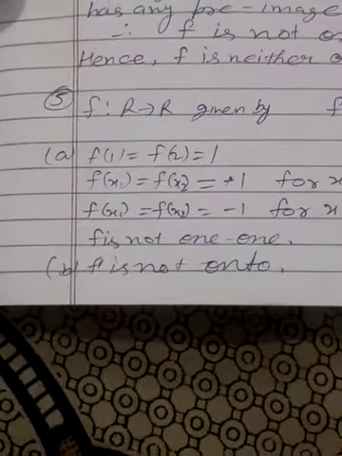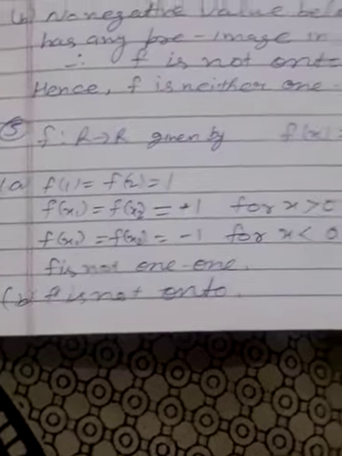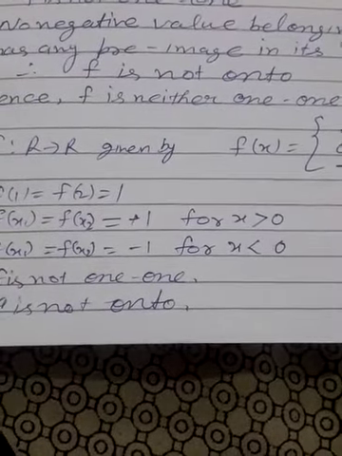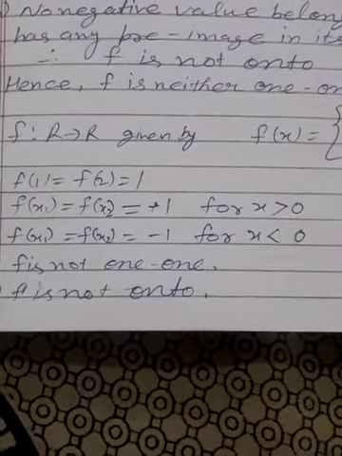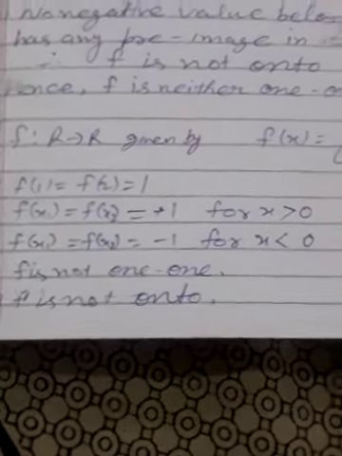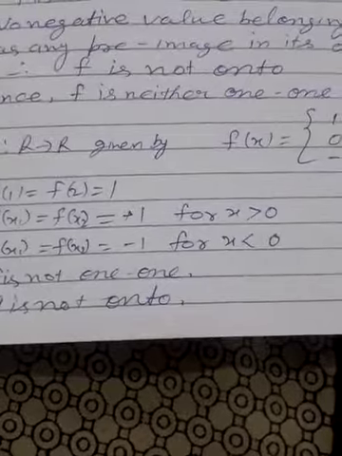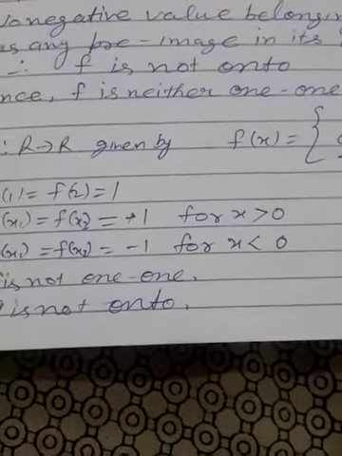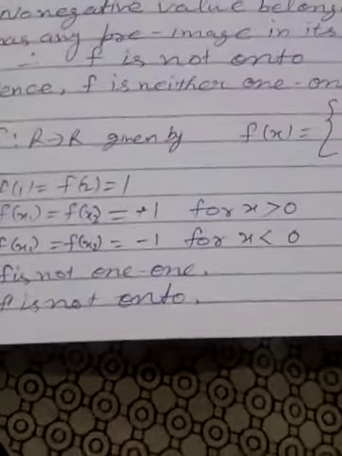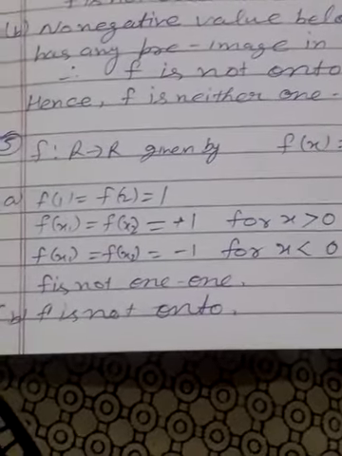Question number 5, when we put f of 1 equal to f of 2, that is equal to 1, f of x1, x2 equal to 1 when x is greater than 0, and it gives minus 1 when x is less than 0. Then f is not one-one, and similarly f is not onto. Okay.